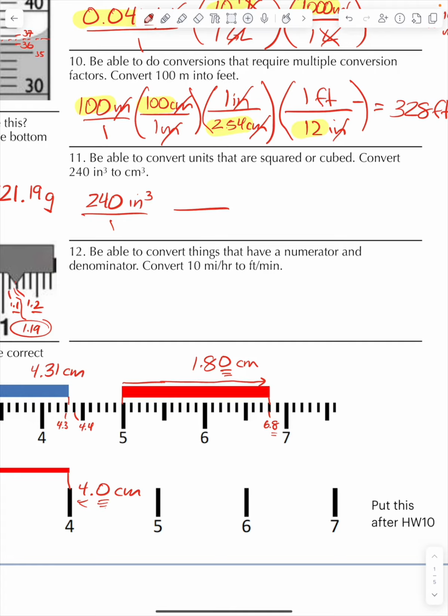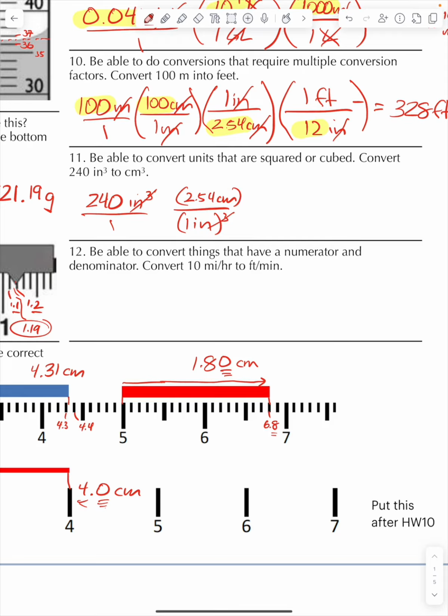If I said 1 inch and 2.54 centimeters, of course, putting inch on the bottom so it could cancel, is that solitary inch going to cancel inches cubed? No. So what we need to do is we need to say 1 inch cubed, and then that inch cubed will cancel that inch cubed, right?